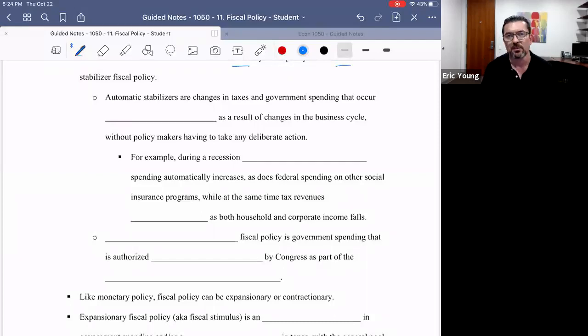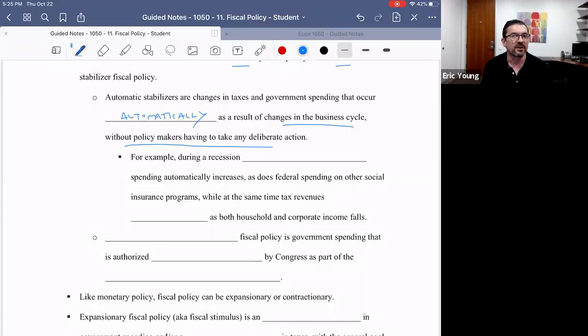But those changes in taxes and government spending occur automatically, and that's the key, as the name suggests. They occur automatically as a natural result of changes in the business cycle. Critically, you need to understand that they're going to occur without any kind of deliberate action or legislative action or law passing or budget passing by political actors.